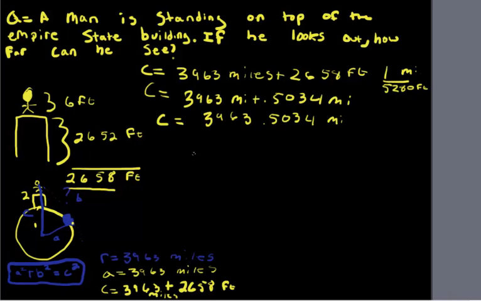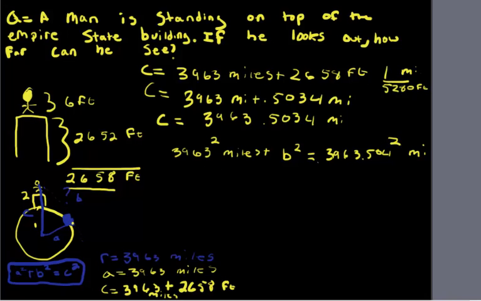So, let's keep moving. So now we have side C and we have side A. So now we can solve for side B. So what we're going to do is plug it in. So we're going to have 3,963 miles squared plus B squared is equal to 3,963.504 miles squared. We forgot something on here: both of these numerical values have to be squared.